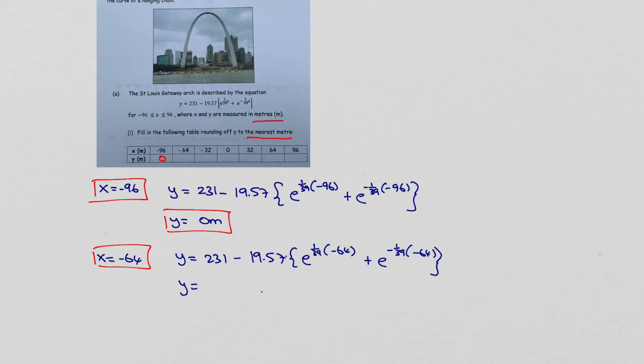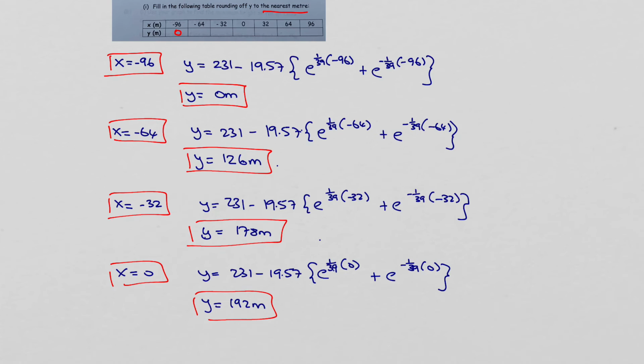And again, subbing into your calculator, nearest meter, and we get 126 meters. Okay, so you're going to keep going. So when we keep subbing in, we end up with x equals minus 32, then y is equal to 178, and when x is equal to 0, we get y equals 192.